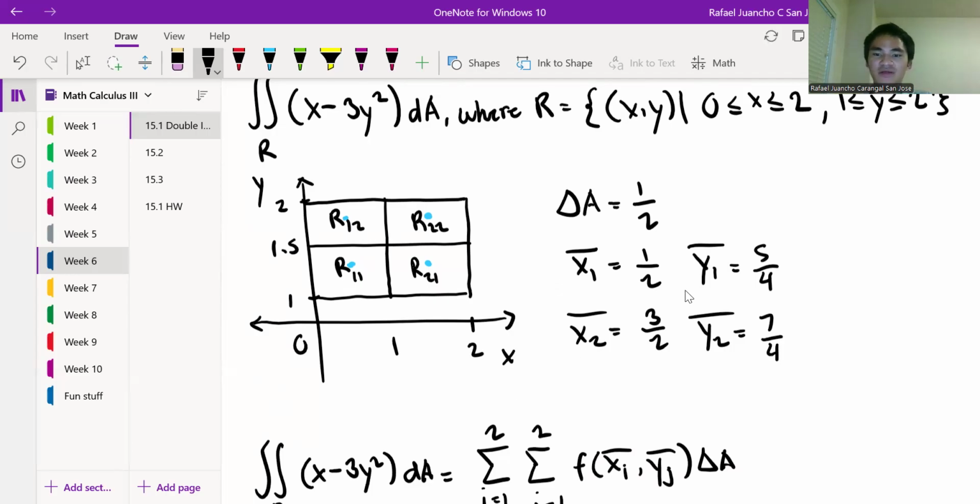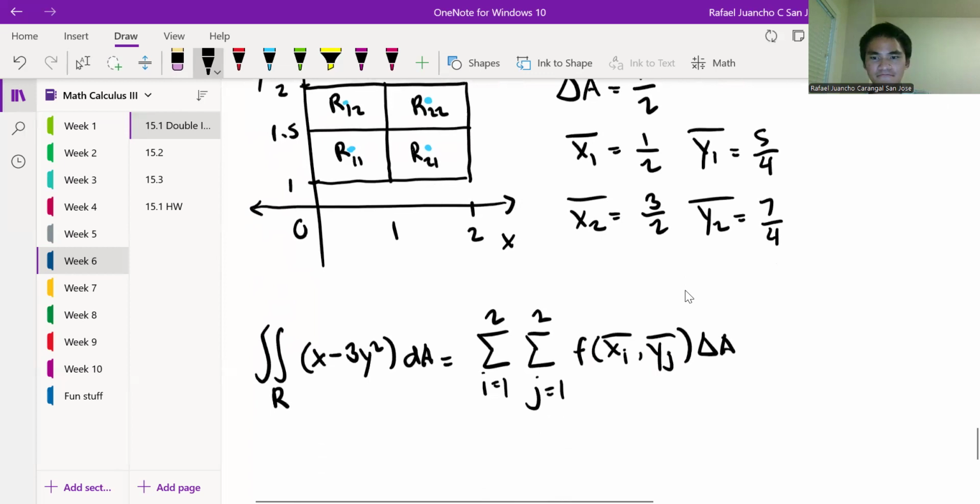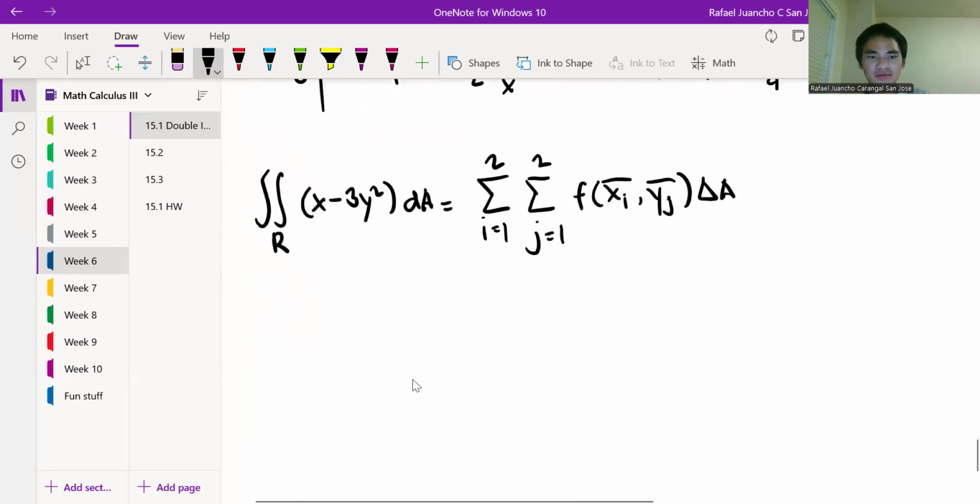And then I go from there, right? And so here I have this. Let me go ahead and approximate it. So I get 1/2 multiplied by each of these, right?